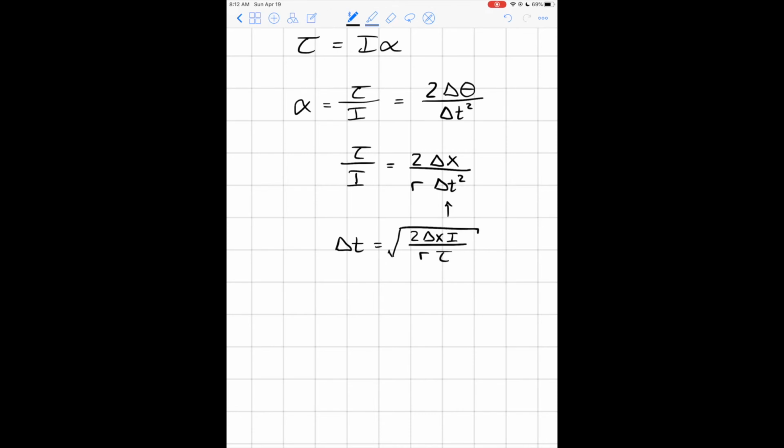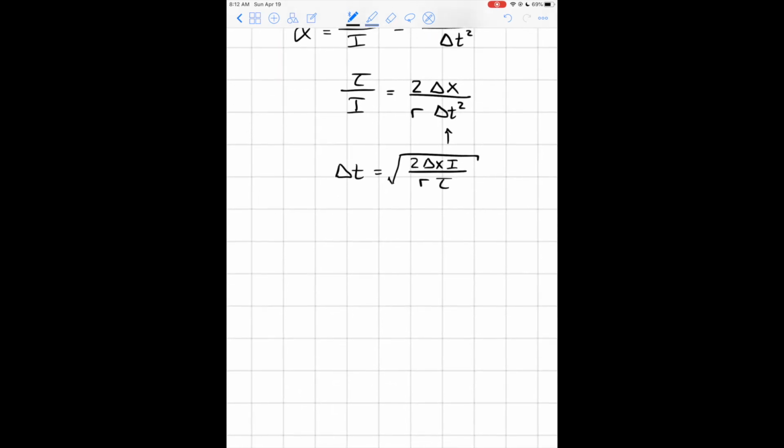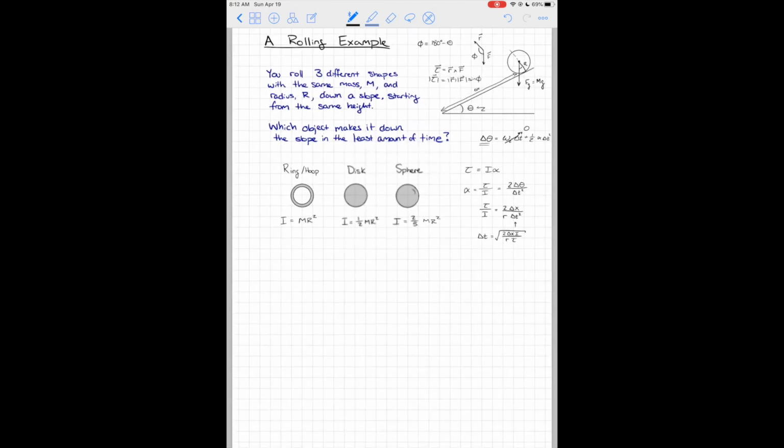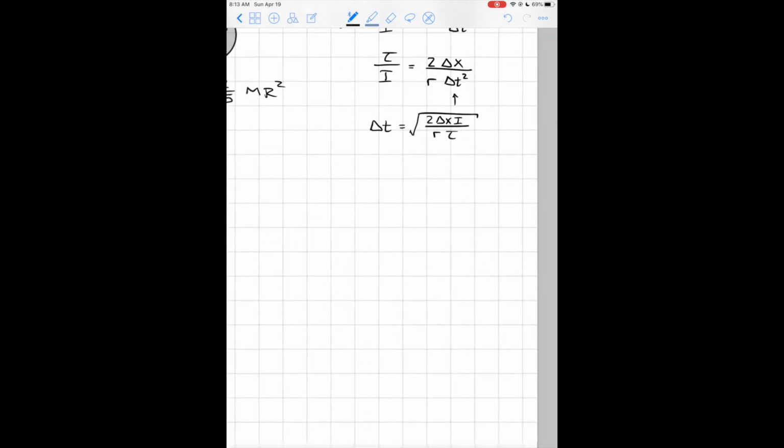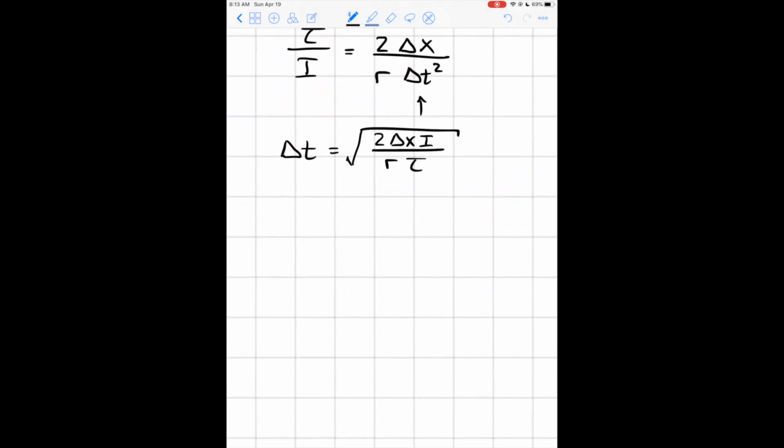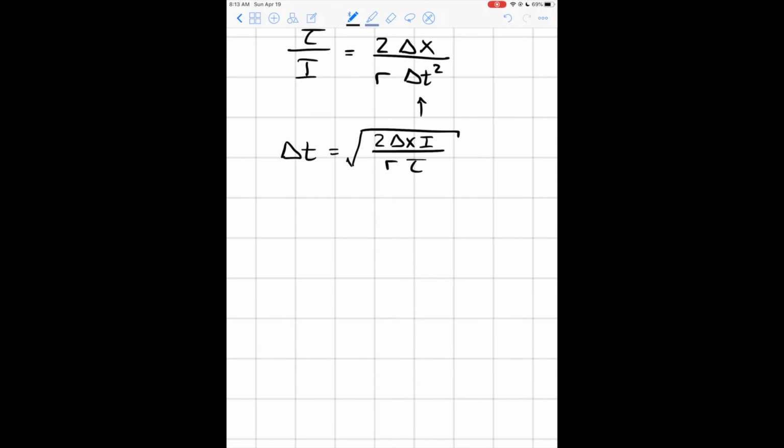Since tau is the same for every single object that we're looking at here, they're all going to have the same mass, the same weight, the same force. They all have the same radius, so they have the exact same torque that we've calculated. They have the exact same distance that they need to roll through. Maybe I really should have changed these.